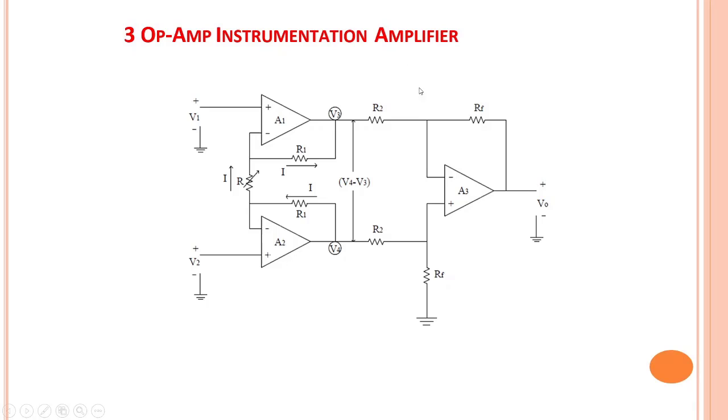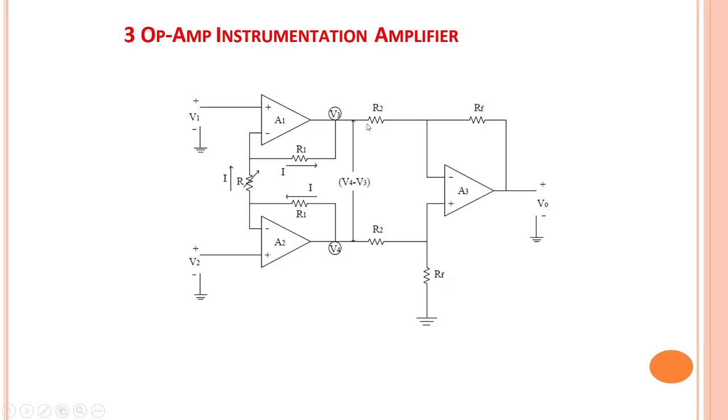Actually, the second stage of the instrumentation amplifier, that is A3 along with RF and R2, the two combinations of RF and R2, is nothing but our common difference amplifier. This also can amplify the difference between two input voltages, but for one input it acts as an inverting configuration, and for the other input it acts as a non-inverting configuration.